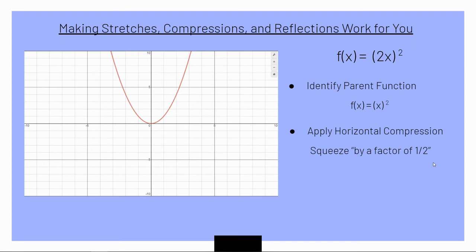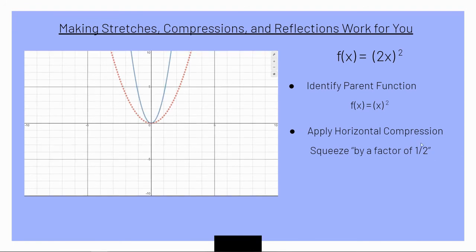So even though it says 2 inside the equation, we use the factor of the flip of that, which in this case is 1/2. So it is going to push towards the y-axis, away from the x-axis. Okay?